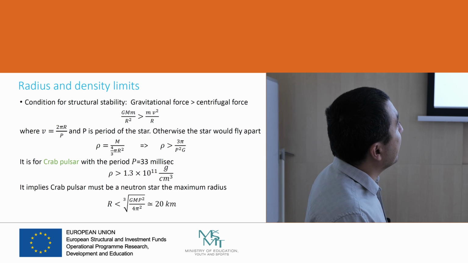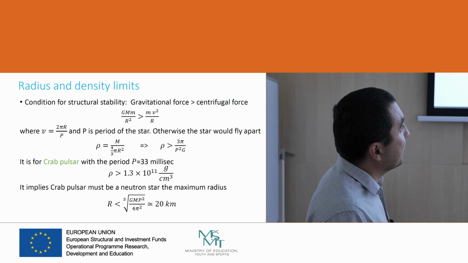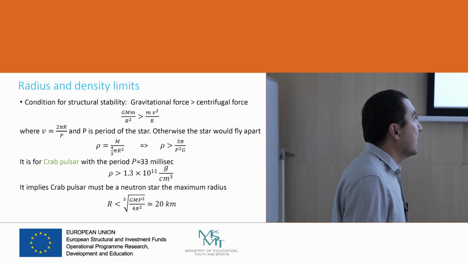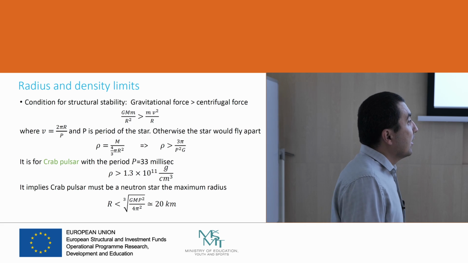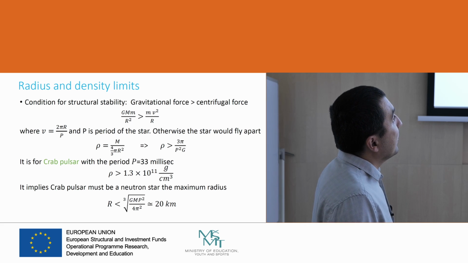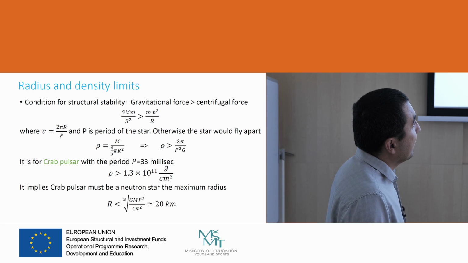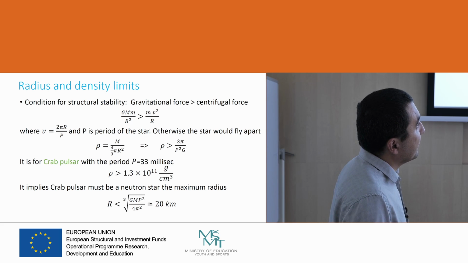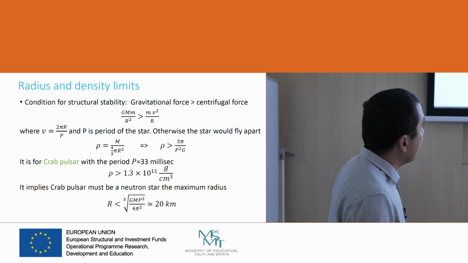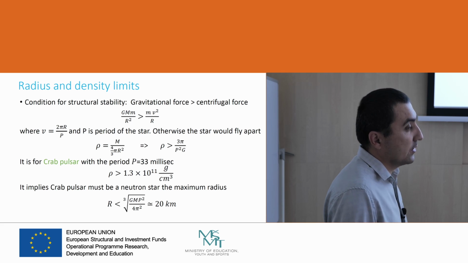For the Crab pulsar with a period of 33 milliseconds, it should be 1.3 times 10^11 gram per centimeter cube. We can also estimate the maximum radius of the star, and this radius should be less than 20 kilometers for the parameters of the Crab pulsar.